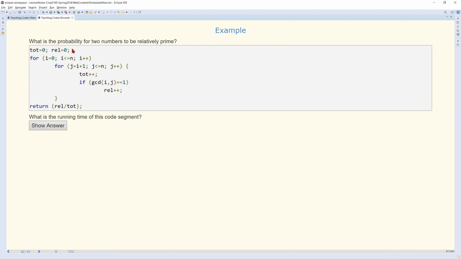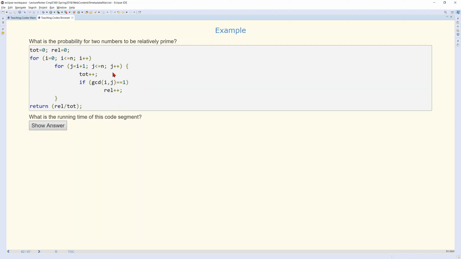So the algorithm for finding that would be repeating in a nested loop of n times n, checking the greatest common divisor of the two and ensuring that their greatest common divisor is always 1.